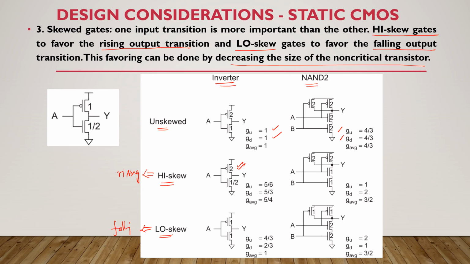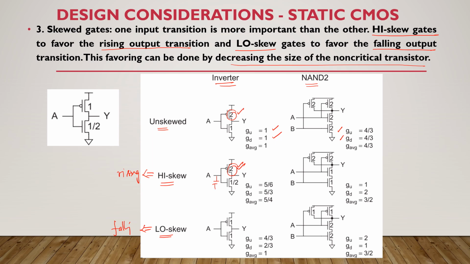So here, if you want to calculate the logical effort for the rising transition, you have to compare this high skewed inverter with the unskewed inverter. Both should have this 2, that is, both have to produce a resistance R. So if you are comparing these two, I already told you logical effort is a formula equivalent to the input capacitance of the high skewed inverter. Input capacitance, how much is it?